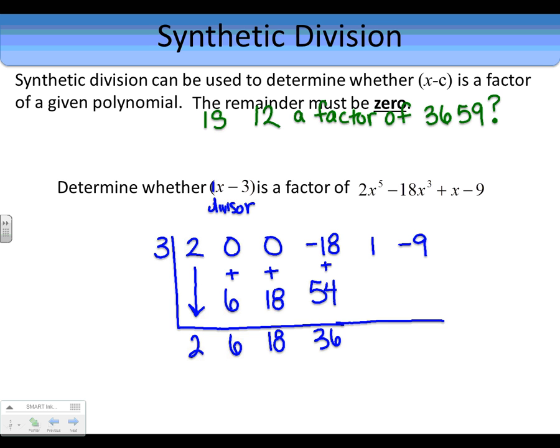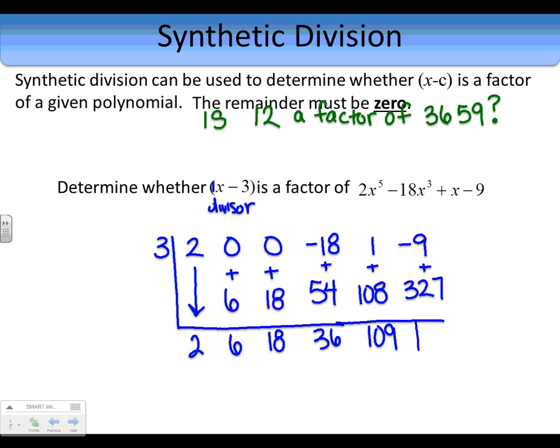Multiply that times 3. 36 times 3 is 108. Add those together to get 109. Multiply 3 times 109, which is going to be 327.